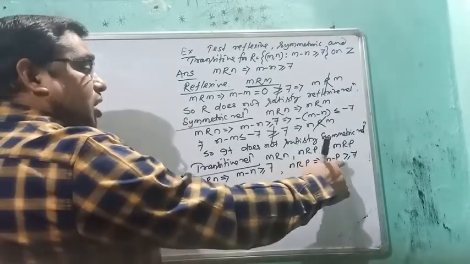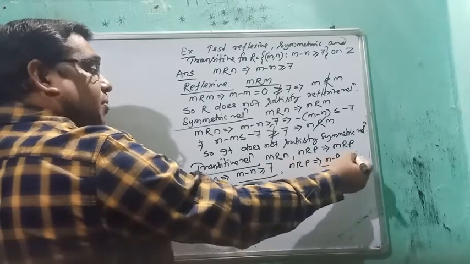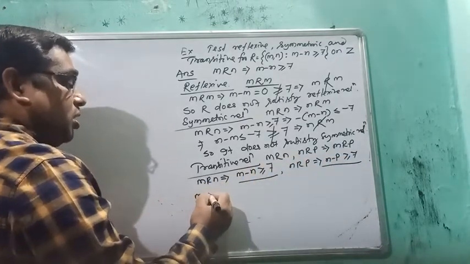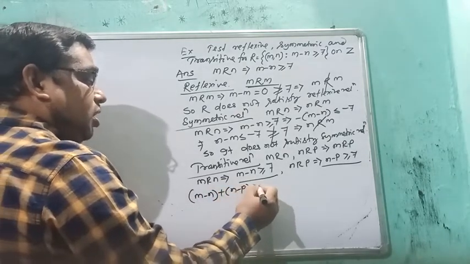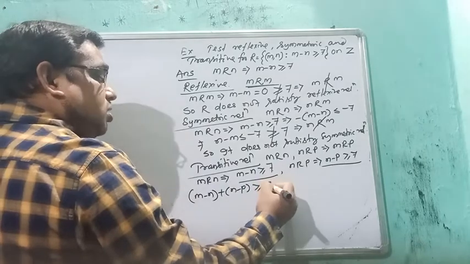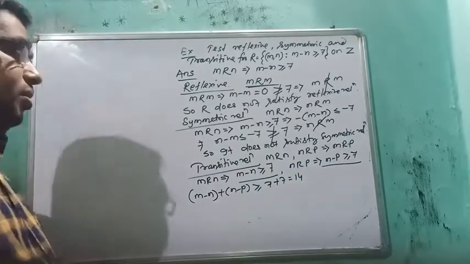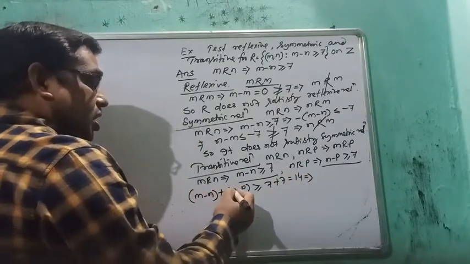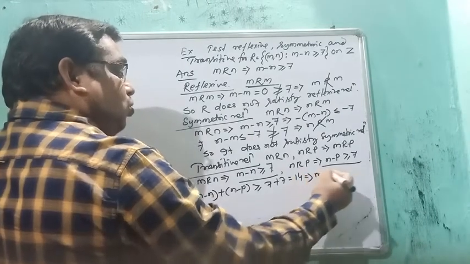If you add these two equations, m minus n is greater than or equal to 7 and n minus p is greater than or equal to 7, then m minus n plus n minus p is greater than or equal to 7 plus 7, which is 14. Then n and n are cancelled, so m minus p is greater than or equal to 14.